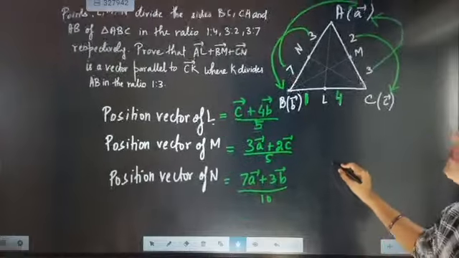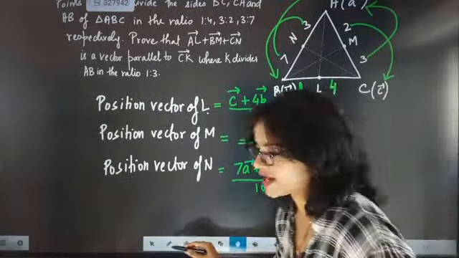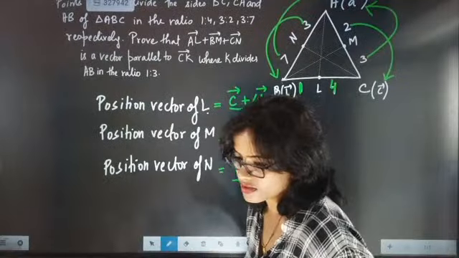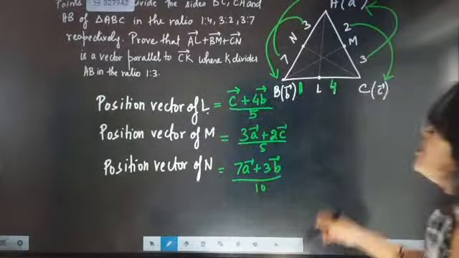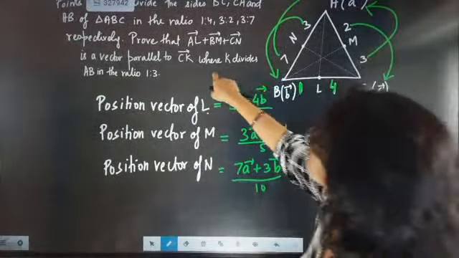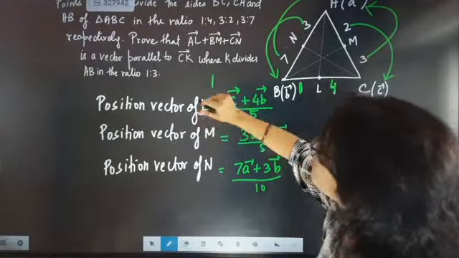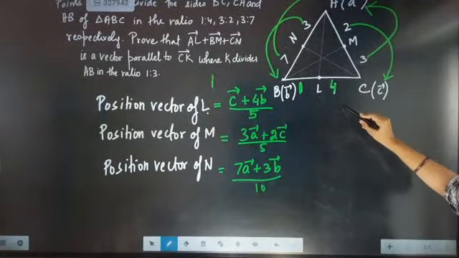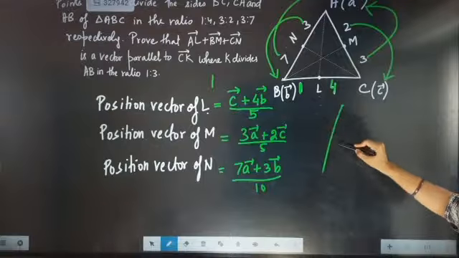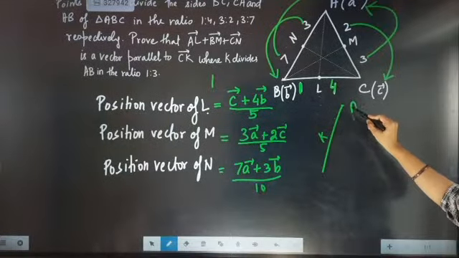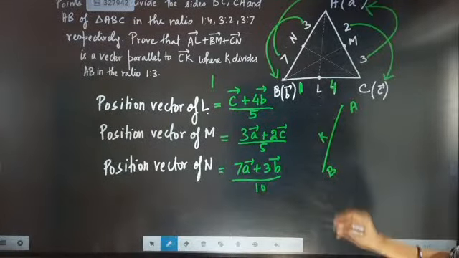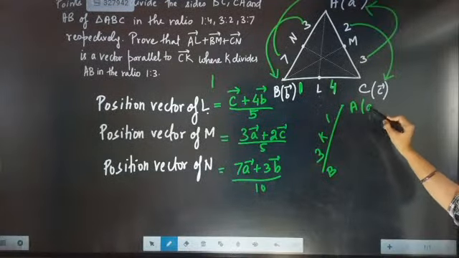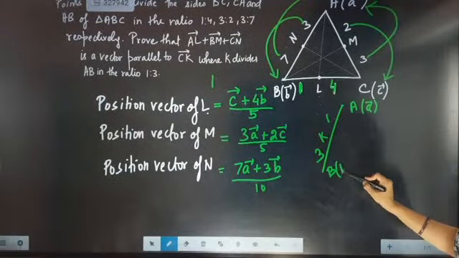Now one more is there, and that is what they have said, that K is coming. Now here, the next important point is that K divides AB in the ratio 1 is to 3. So A is written as A vector, B is written as B vector.